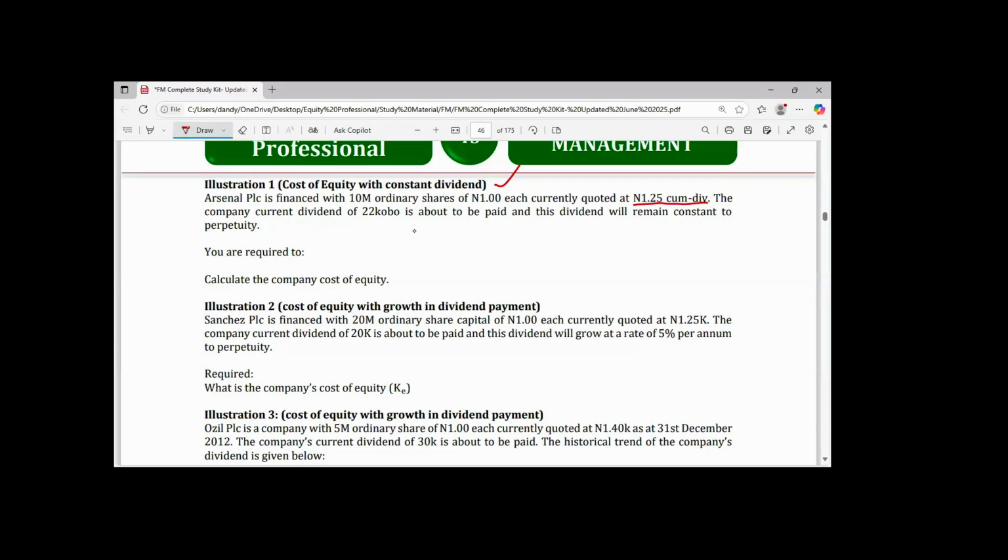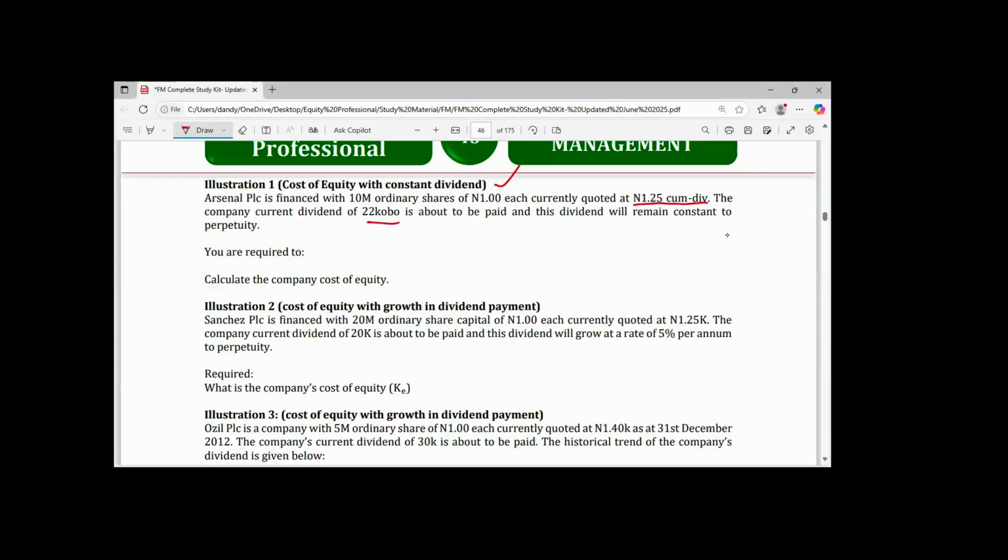When you are given a cum-div share price, it simply means that the share price includes dividend. But when you are given an ex-div share price, it means that the share price excludes dividend. And you don't use the cum-div share price to calculate your cost of equity. It has to be the ex-div share price.